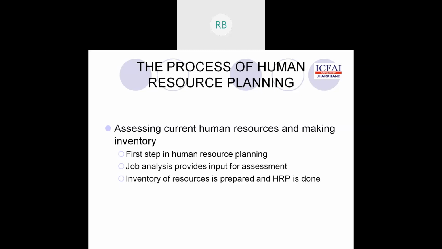Once the assessment is complete, an inventory of the resource can be compiled in terms of knowledge, skill set, and qualification. Once this inventory report is prepared, the next HRP exercise is taken.